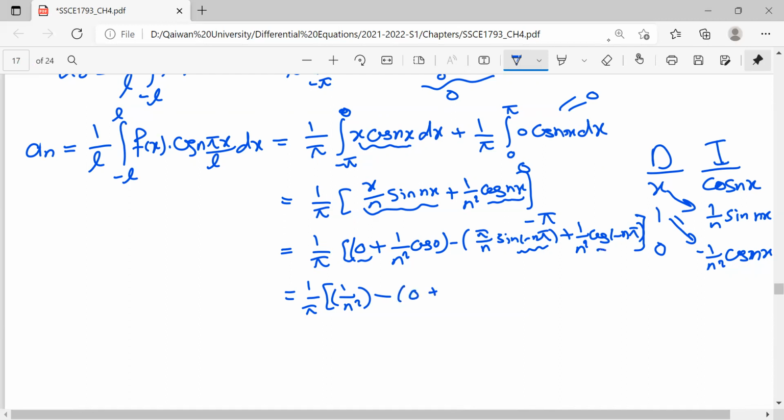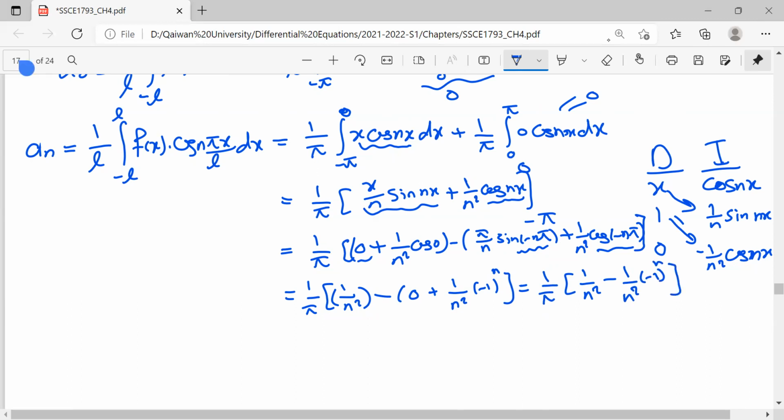Plus cosine minus n pi is the same as cosine n pi, and cosine n pi is minus 1 to the power n. It's 1 when n is even, and it's negative 1 when n is odd. You get 1 over n squared times minus 1 to the power n. Now you simplify it more, we get 1 over pi times 1 over n squared minus 1 over n squared times minus 1 to the power n.